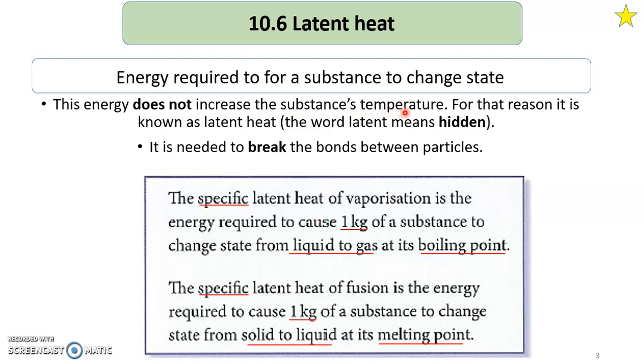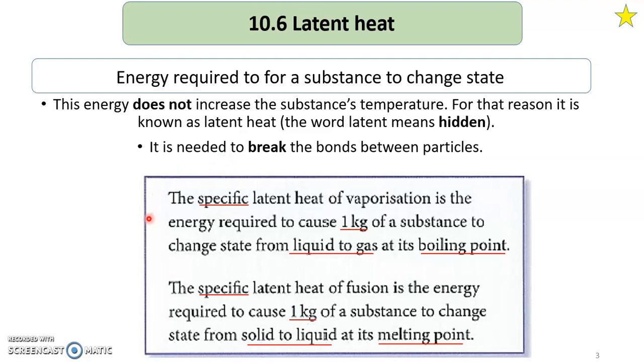The substance temperature is constant. Because of that reason, we know this type of energy is hidden energy, or latent heat. Since the energy supply does not increase the substance temperature, that energy is actually needed to break the bonds between the particles or the molecules.